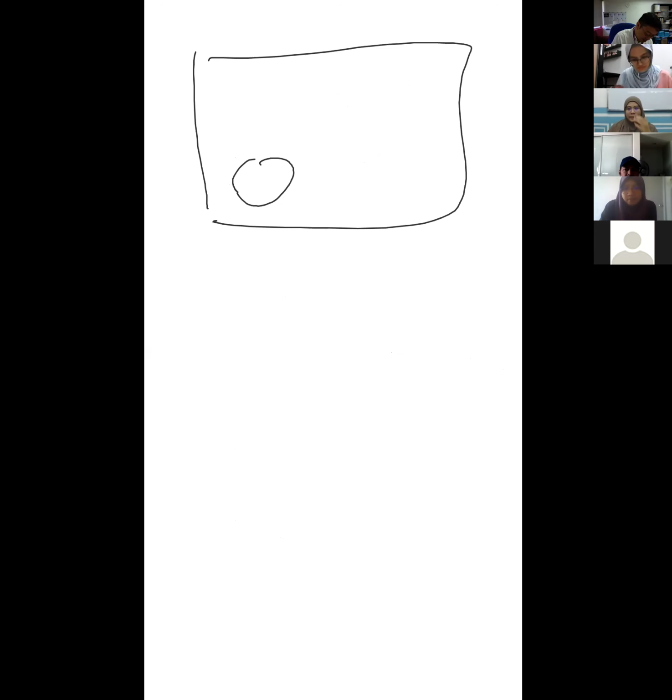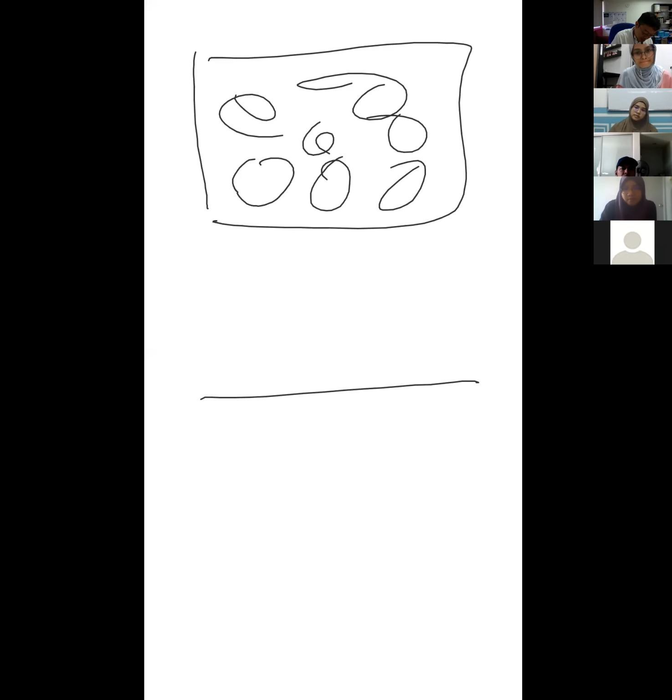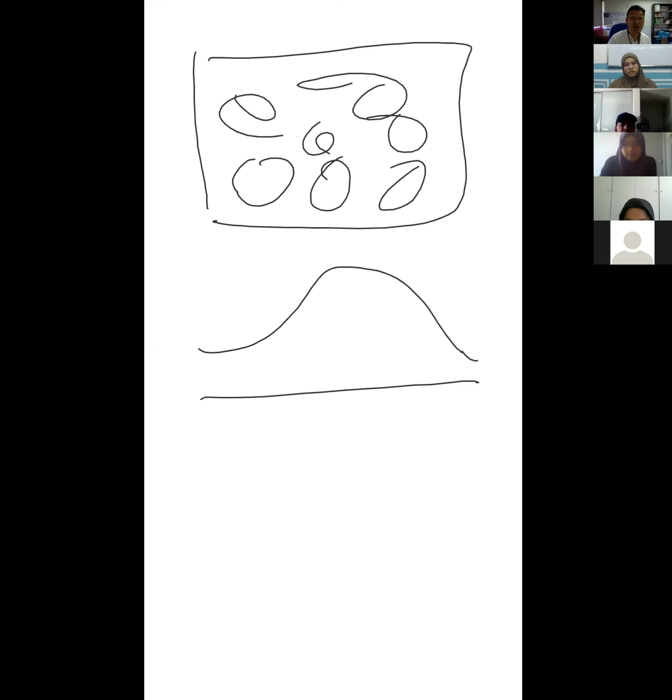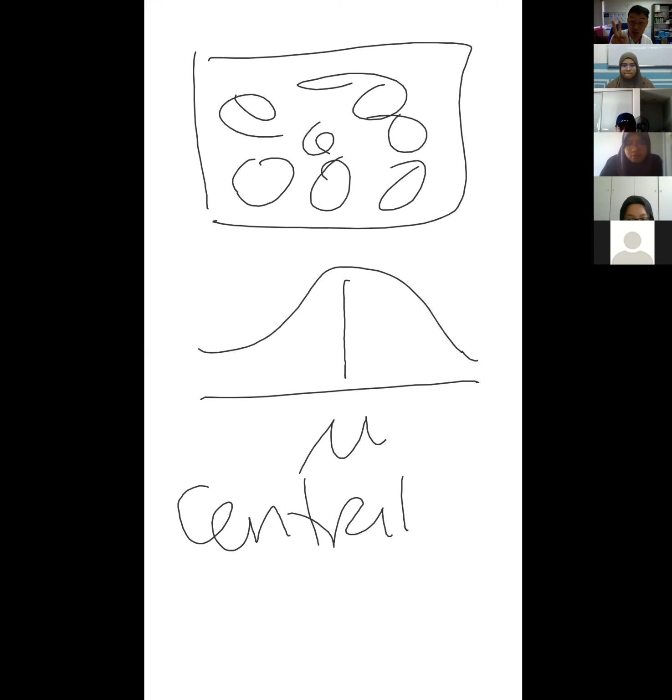We take many samples and we can build a sampling distribution. Once we have built the sampling distribution, now we can guess this is the mu. However, using the central limit theorem, there are two theorems.